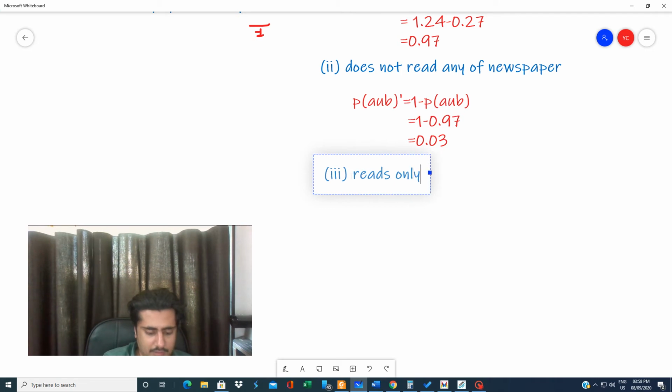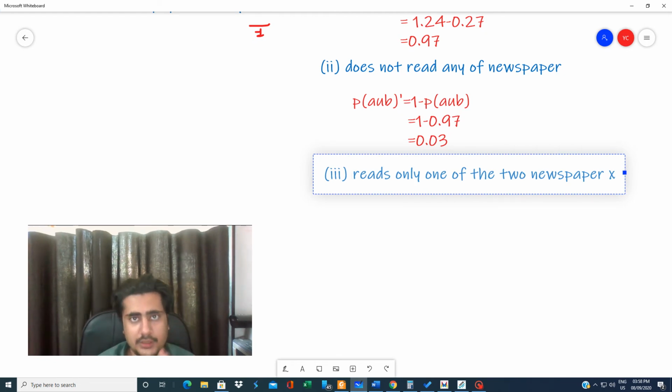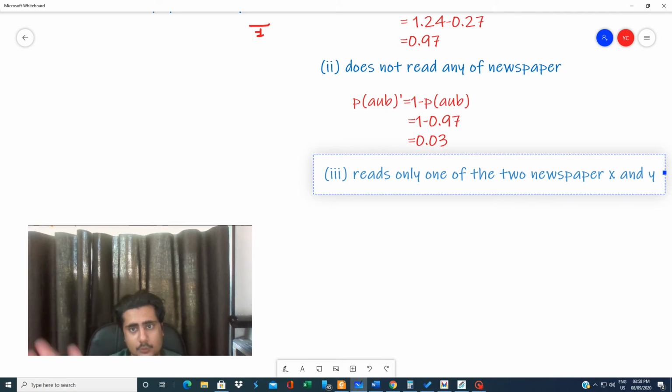He reads only one of the two newspapers, X and Y. Now, this particular thing I'll teach you in two ways. First I'll explain how this will be solved, and then I'll teach you a bit of a shortcut, that if this word is used, then you have to use it like this. First of all, I'm teaching you in a proper manner what this question says.